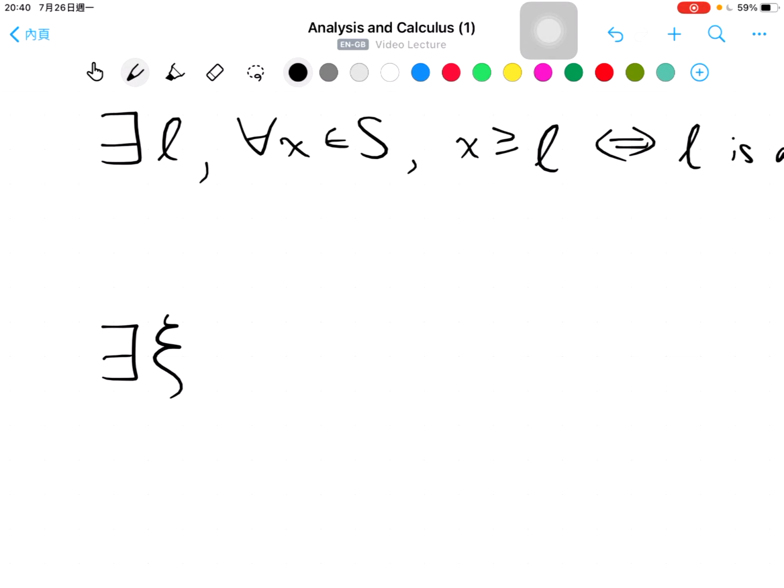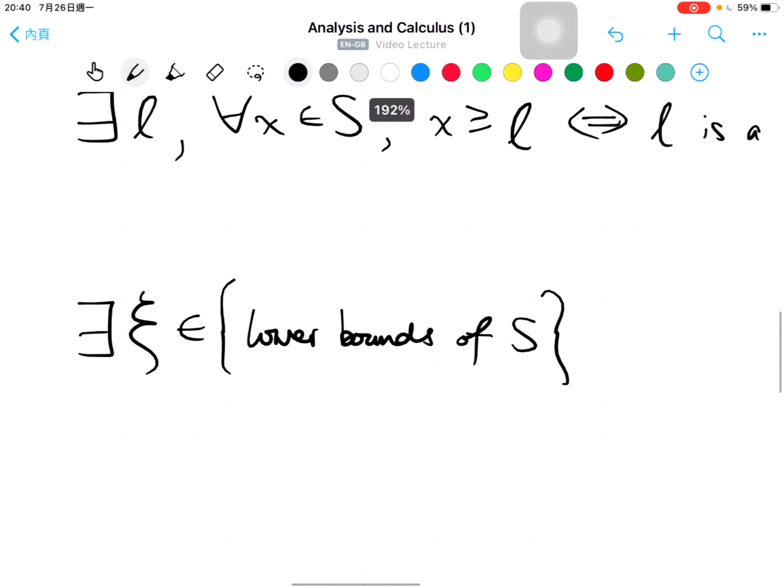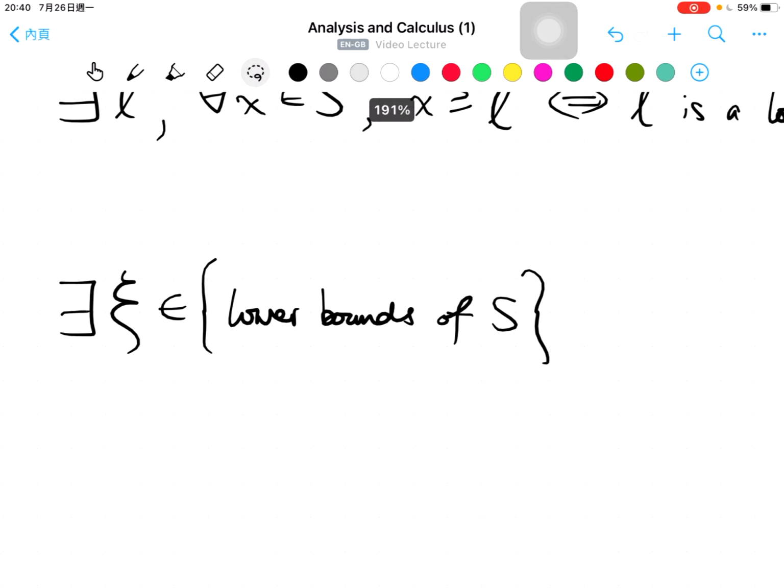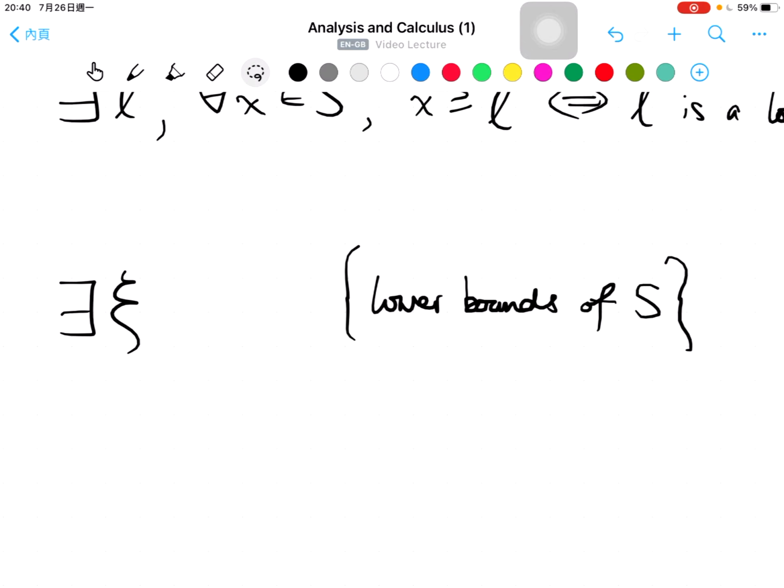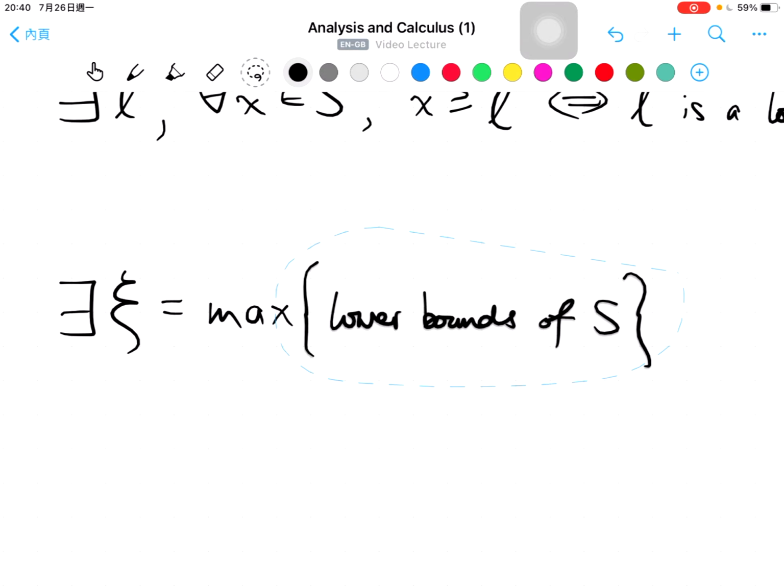We have this number such that it's the lower bound of S. Let's say this is in the set of all lower bounds of S. No, let's just directly say it's the largest among the lower bounds. That means we're taking the maximum of these lower bounds.